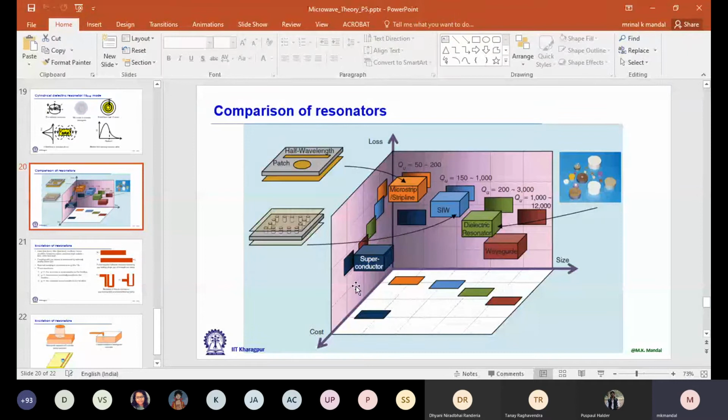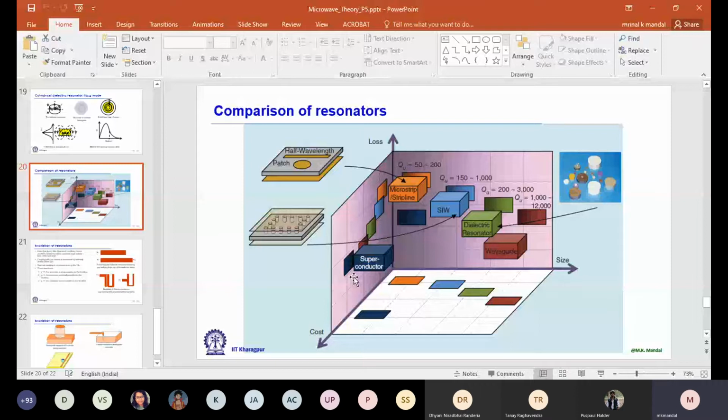It does not have to go to liquid helium; liquid nitrogen can also work. If we compare, of course, superconductor provides the best performance, but its cost is also very high. So for regular uses, even for radar application, superconductor is usually not that popular.